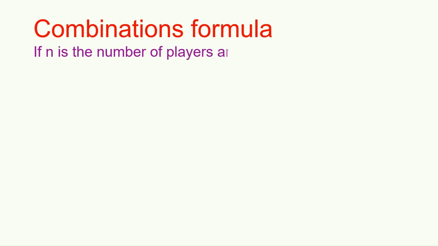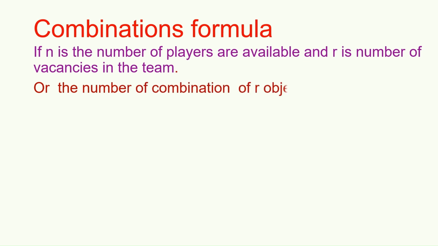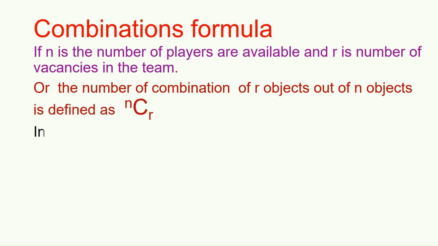If n is the number of players available and r is the number of vacancies in the team, the number of combinations of r objects out of n objects is defined as nCr.